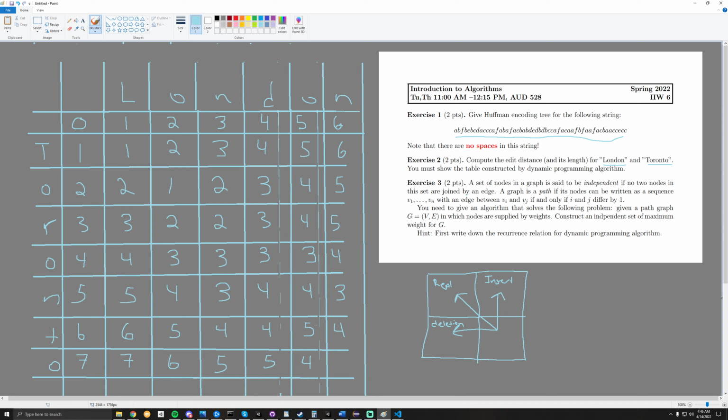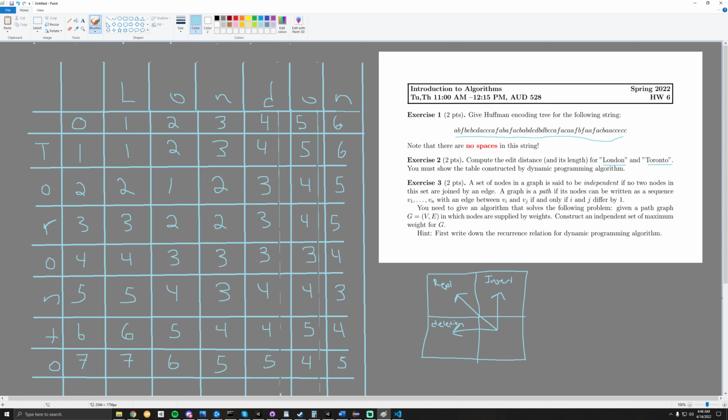N and O do not match, so we would end up with a lowest 1 plus 1, or 5. So it looks like we got a total of 5 operations to convert London to Toronto in the best case.